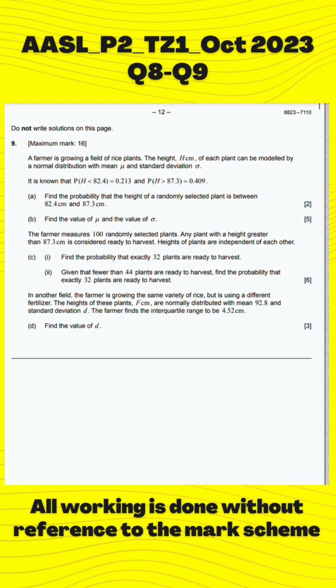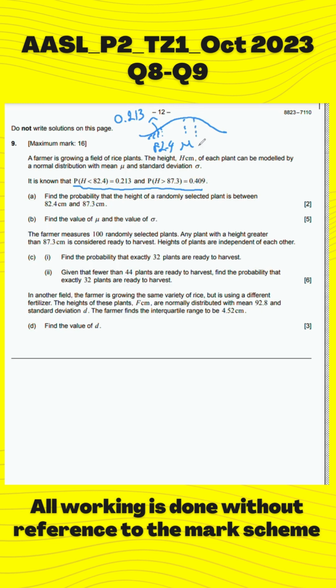Question 9. Okay, given this information, the first thing we should do is draw a bell curve. Okay, the mean is here. The probability that it's smaller than 82.4 is 0.213. So let's say 82.4 is here, and this area will be 0.213. The probability that it's bigger than 87.3 is 0.409.